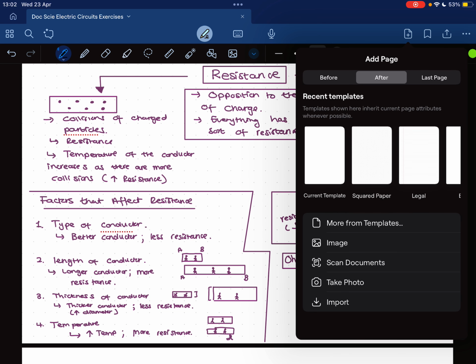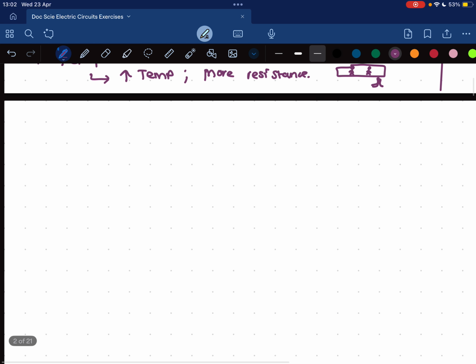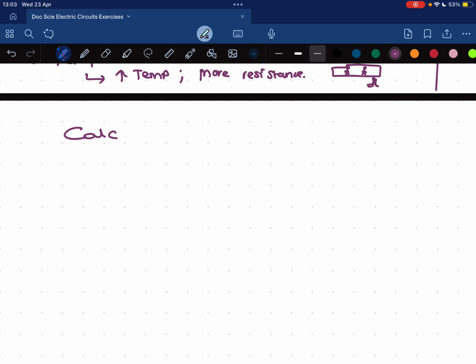When we are calculating resistance, there are two types of circuits.